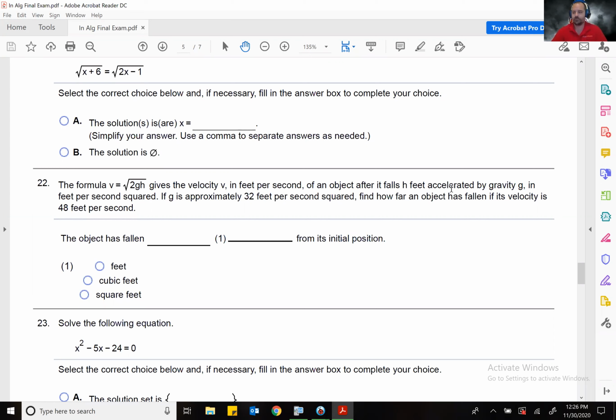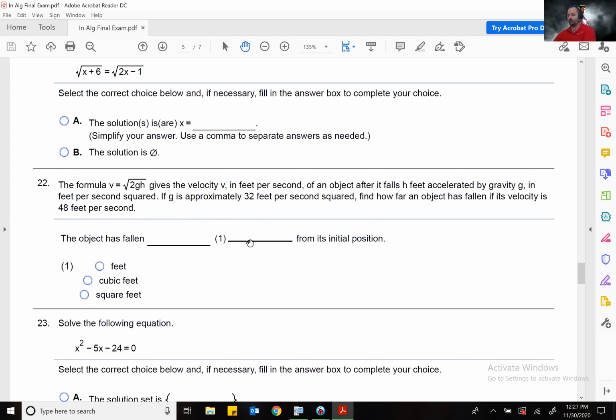What's the label? Square feet? No. Square feet is for gravity. We found h. Feet. It's just feet. That's it. Because it says right here, an object after it falls h feet. 36 feet. And there you go. So the answer is 36 in the first blank, feet in the second.